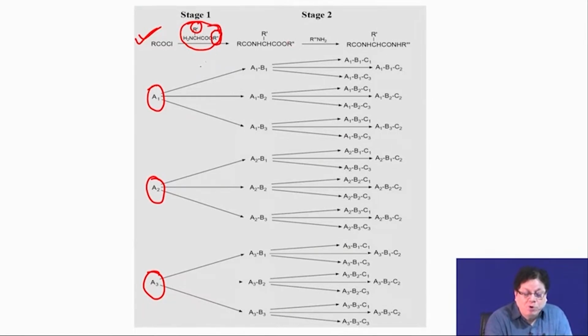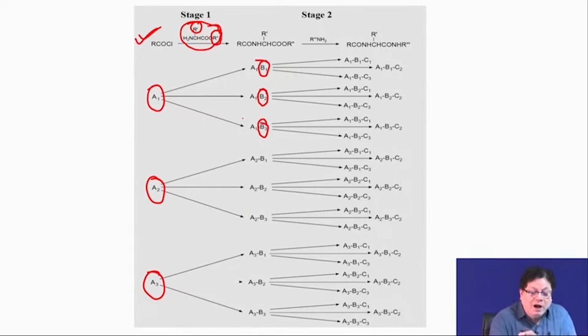Suppose if R is methyl, that means I have alanine, and this is CO R dash, and this R dash is say methyl. That is denoted by B1. Similarly, varying this R dash and R double dash, I can have another entity called B2, and a third entity called B3.